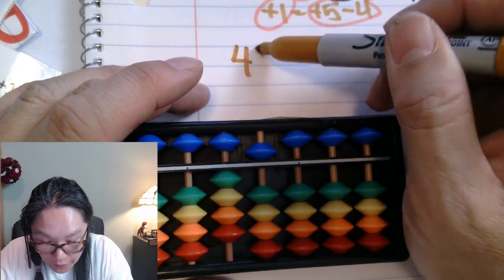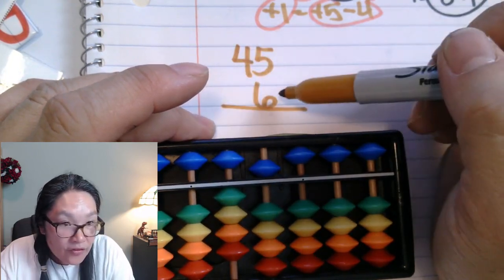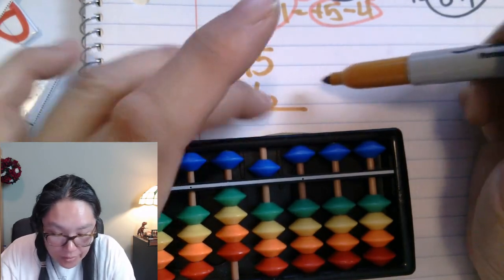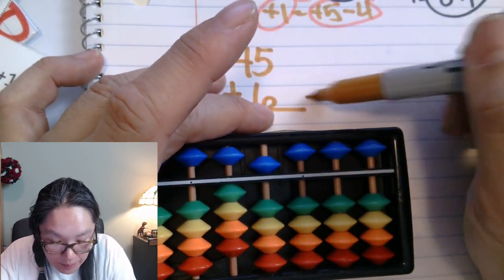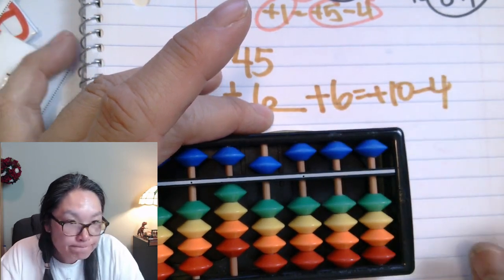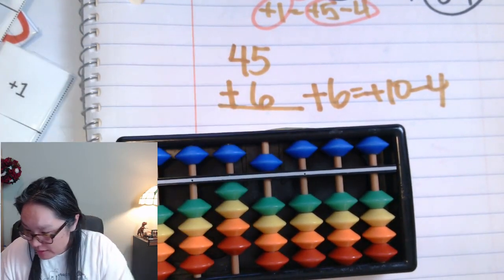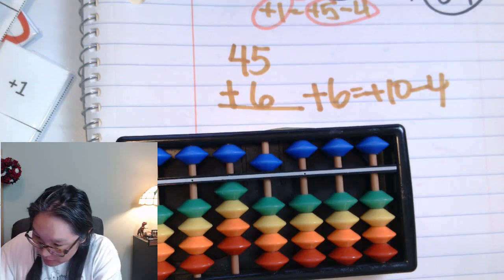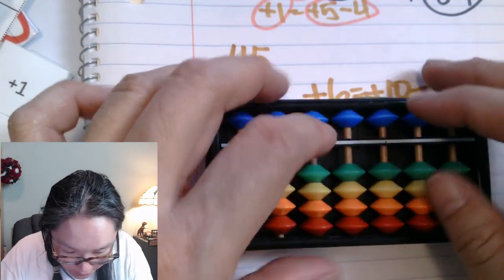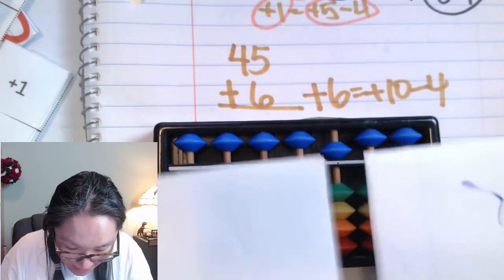Now this is where it gets a little finicky, because there are a lot of steps here. The first thing we understand is plus the 6 is equal to plus the 10 minus 4. This is what we know, right? So the question is, where are we going to put it? We're at 45, so we're adding the 6.